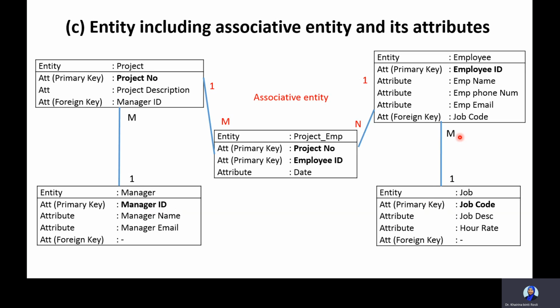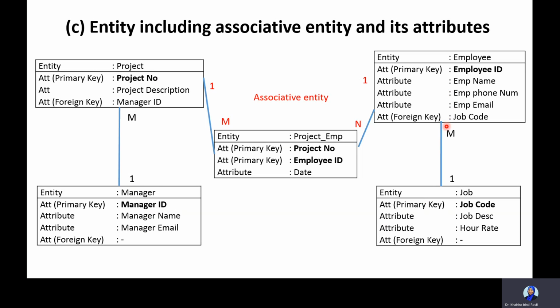Whereas for the employee entity, the primary key is employee ID. Other attributes, you can put employee name, employee phone number, and employee email.